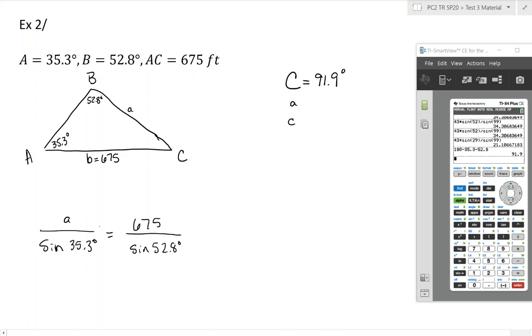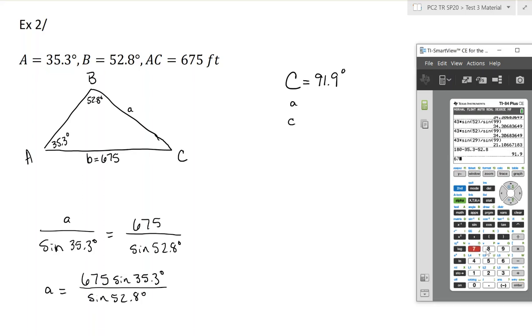We're going to multiply both sides by the sine of 35.3 degrees to get a by itself. So that's 675 times the sine of 35.3 degrees divided by the sine of 52.8 degrees.